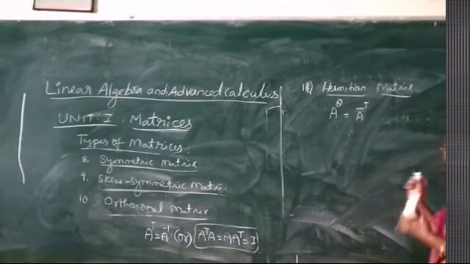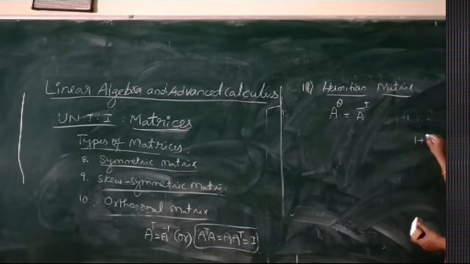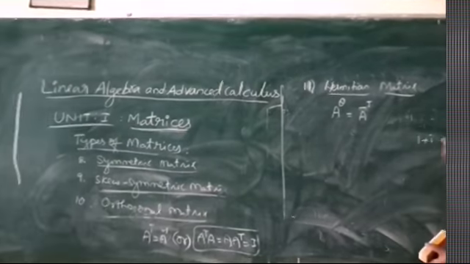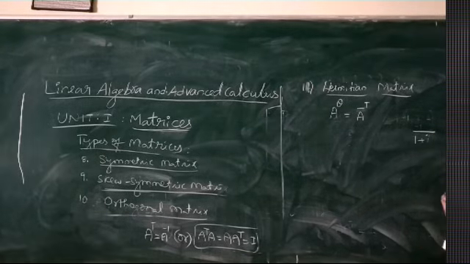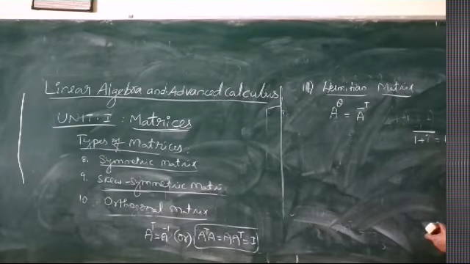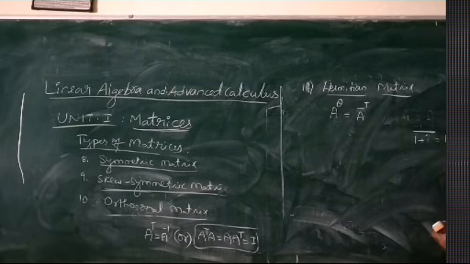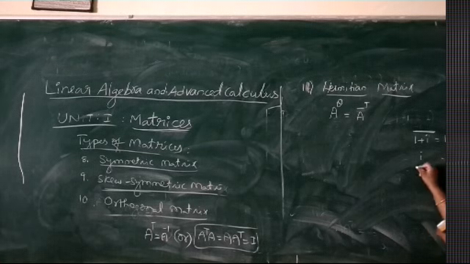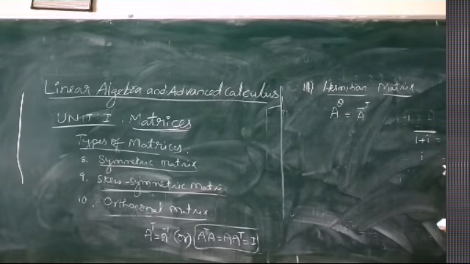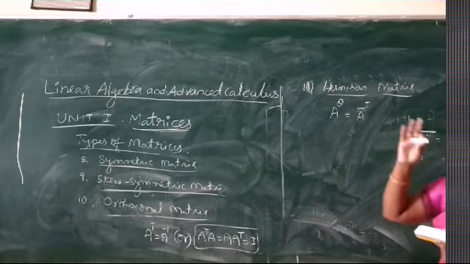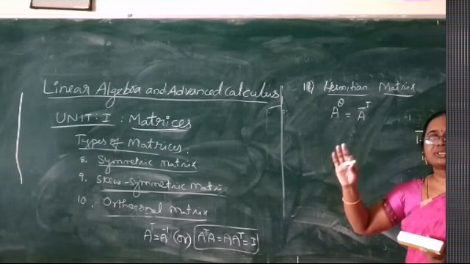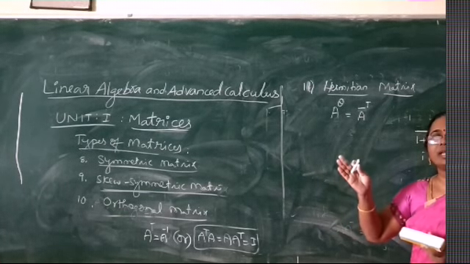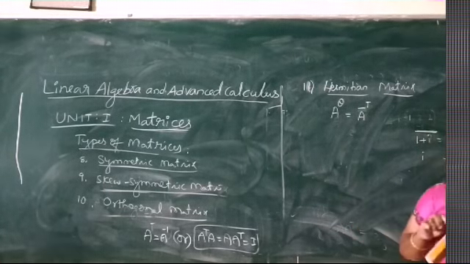Conjugate means when 1 plus i is a complex number, its conjugate is 1 minus i. Conjugate of i is minus i. Conjugate of minus i is plus i. So for getting the conjugate of a number, we simply change the sign of the imaginary part i.